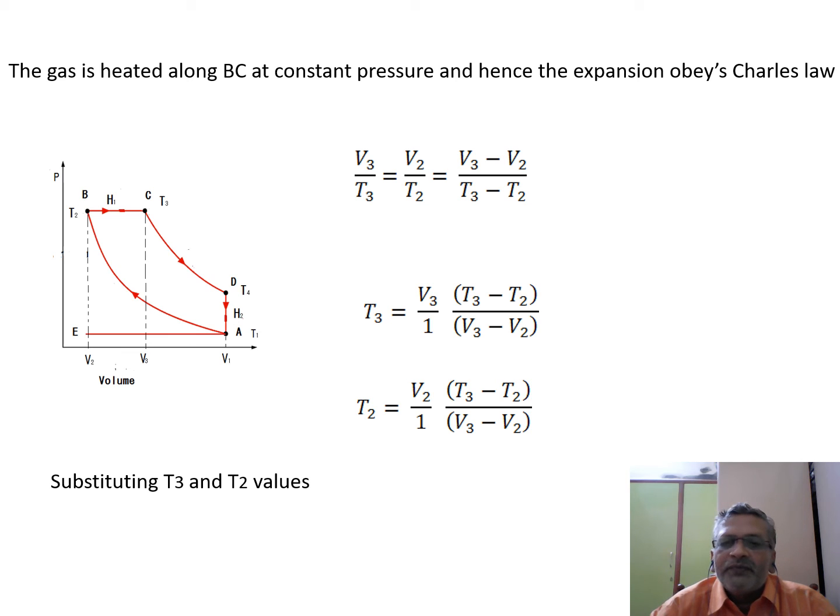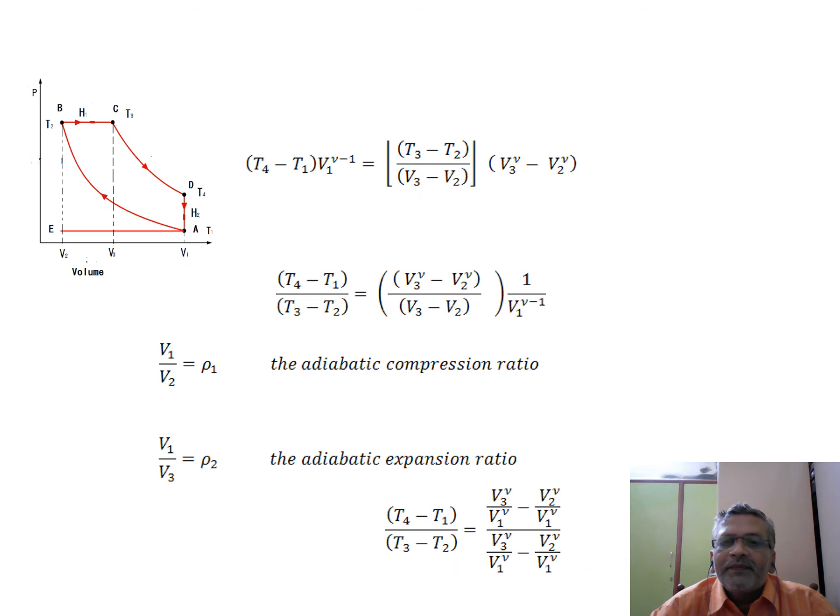Subtracting the T3 and T2 values, we get (T4 minus T1) into V1 raised to gamma minus 1 is equal to V3 into (T3 minus T2) divided by (V3 minus V2) into V3 raised to gamma minus 1, minus V2 into (T3 minus T2) divided by (V3 minus V2) into V2 raised to gamma minus 1.